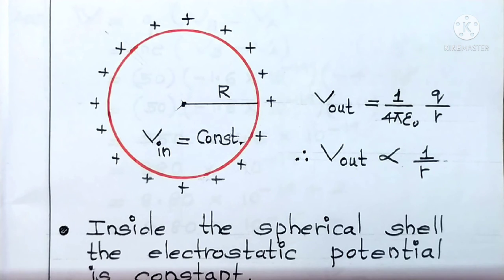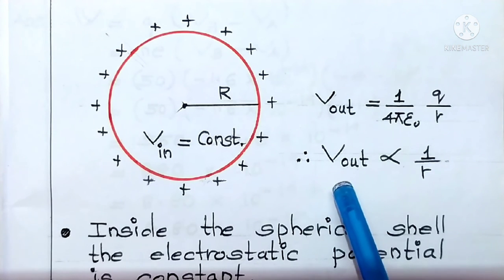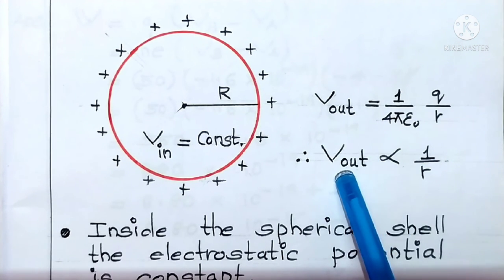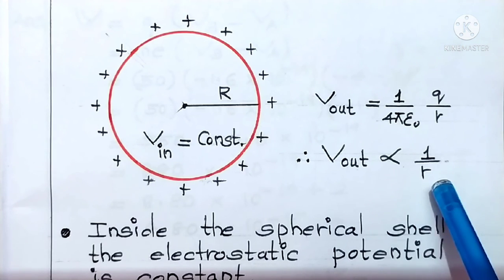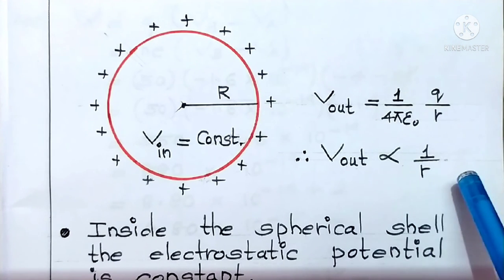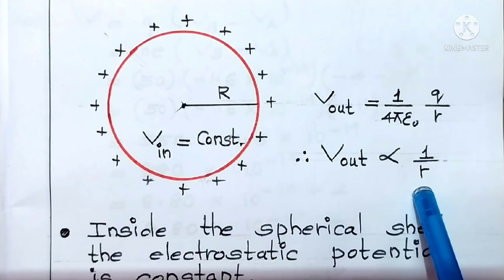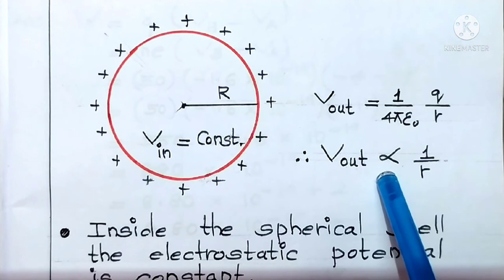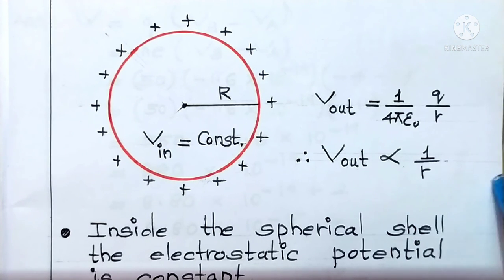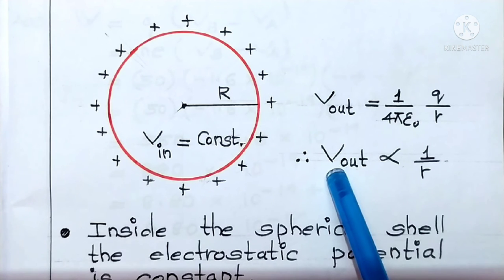So what does it say? The electrostatic potential outside the shell is inversely proportional to R. It means what? When the distance from the center of the spherical shell increases, what will happen to the electrostatic potential? It decreases.